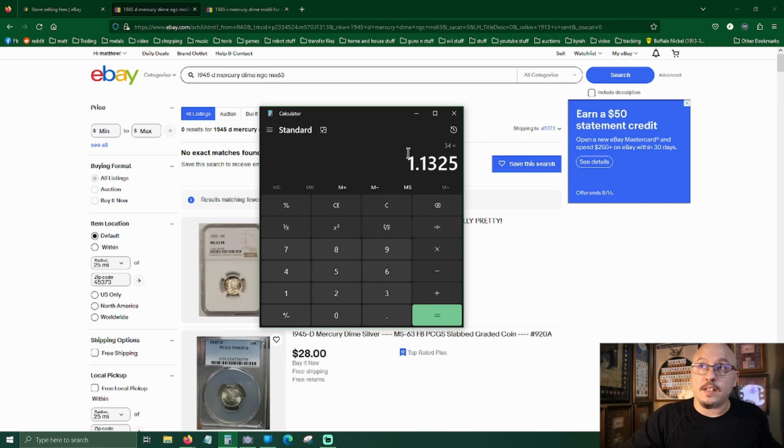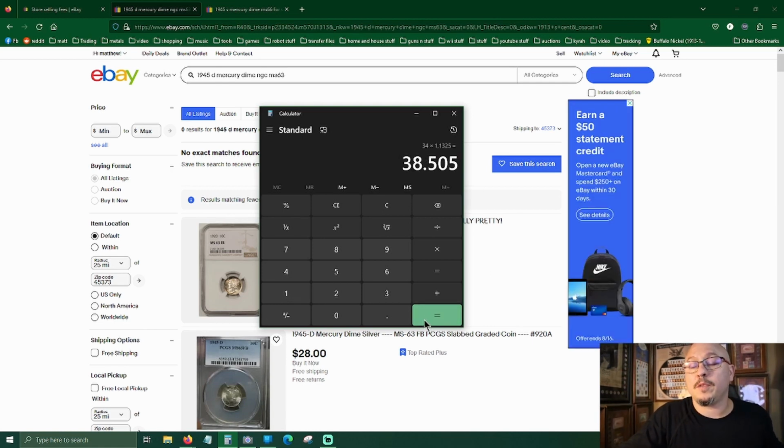This is one whole, that's 100%, and then the 0.1325 is the 13.25% that eBay's fees are. We hit equals, and we get $38.50. So we don't break even on this coin until $38.50.